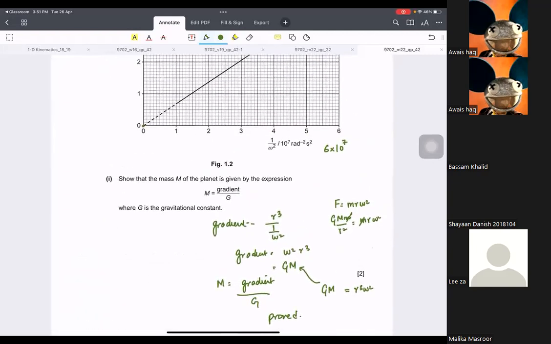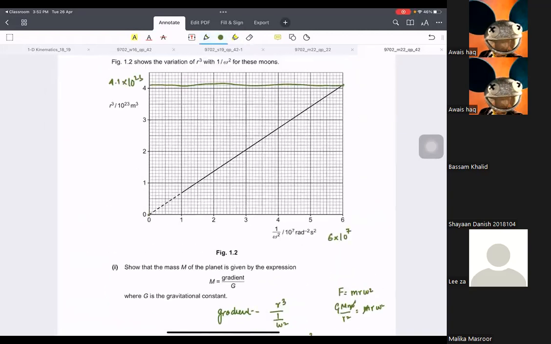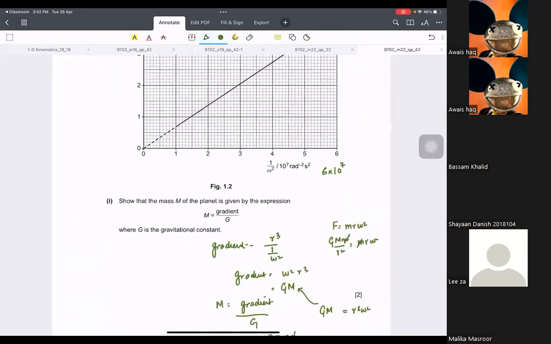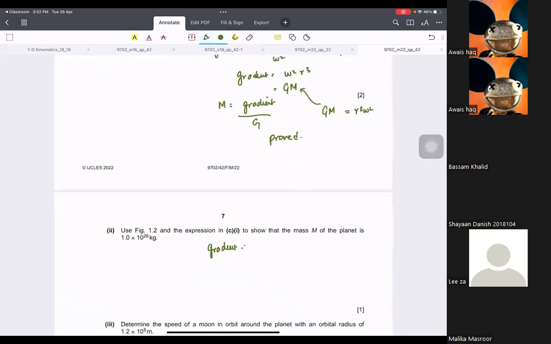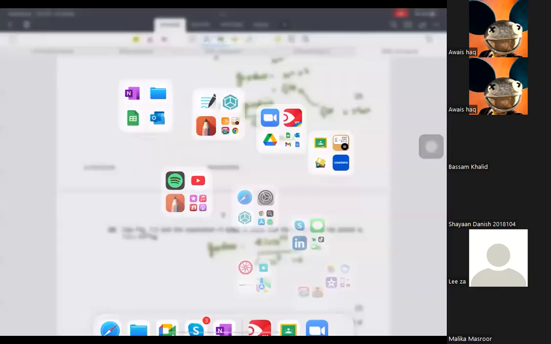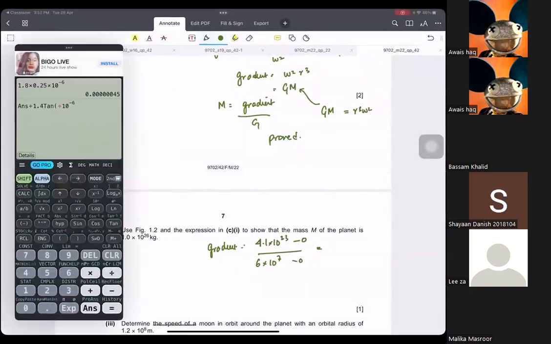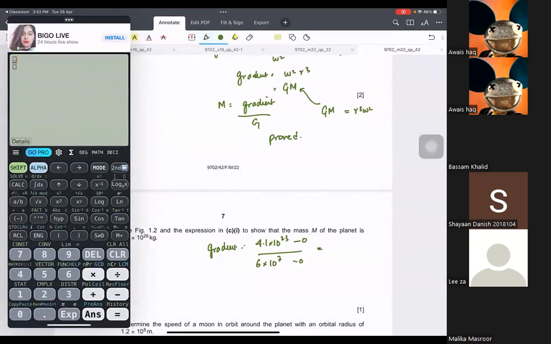And okay, ये तो x-axis में आ गया. 4.1 times 10 raised to 23 minus 0, 6 times 10 raised to 7 minus 0. Wait a second. So it's 6.83 times 10 power 15. 6.83 times 10 power 15 is the gradient.